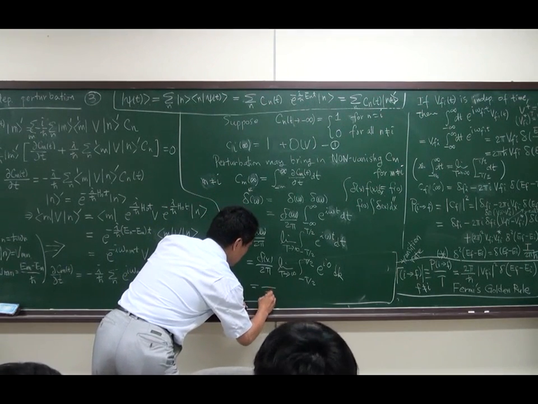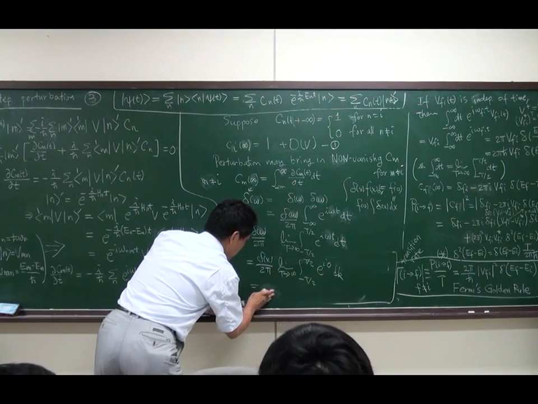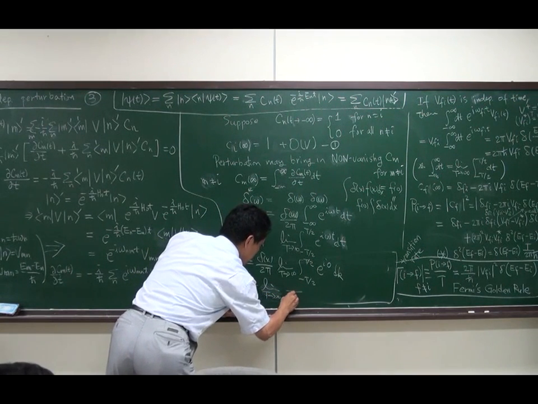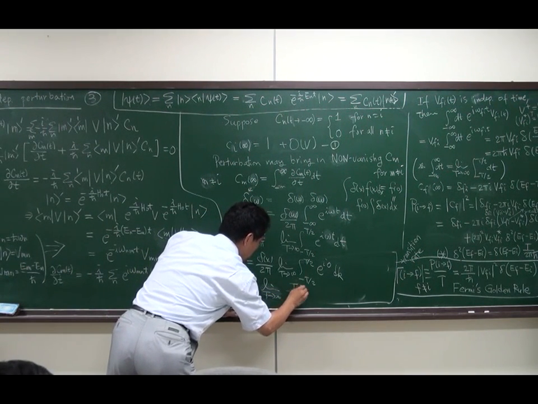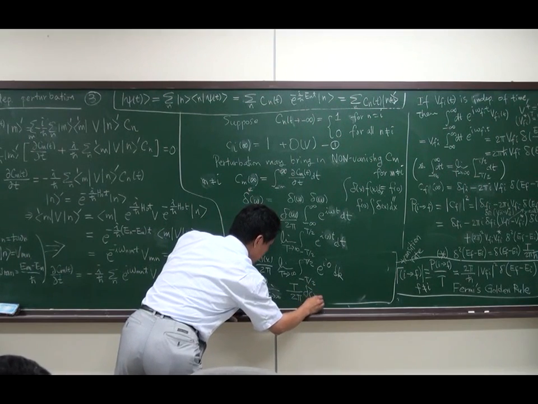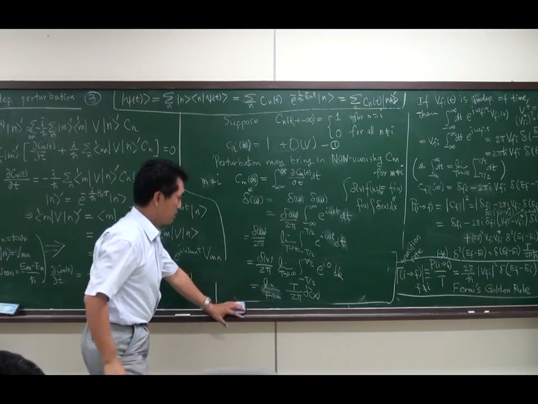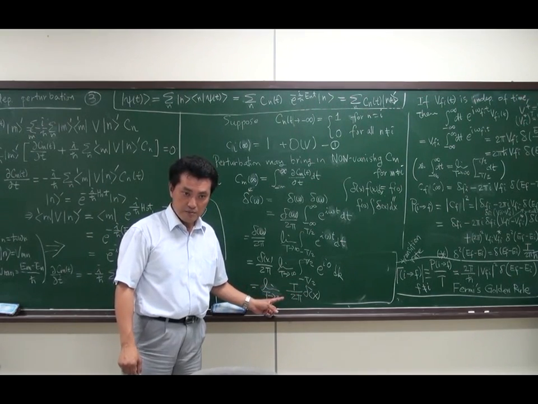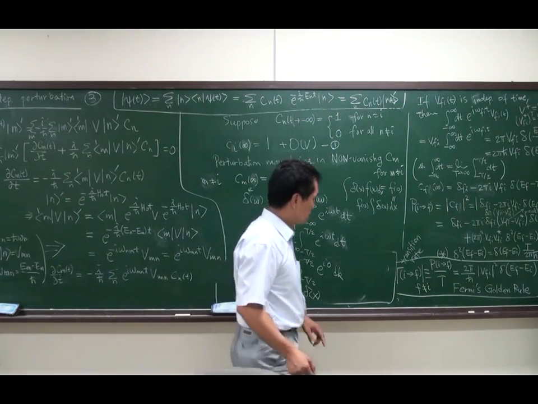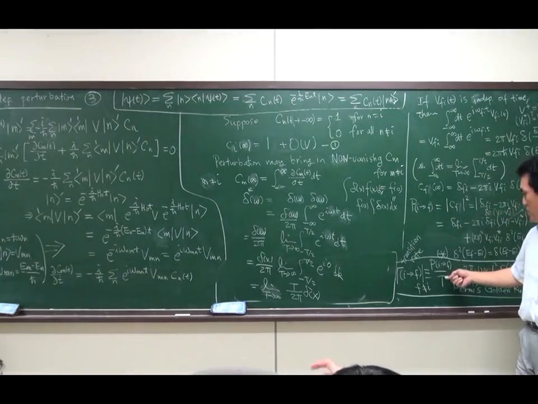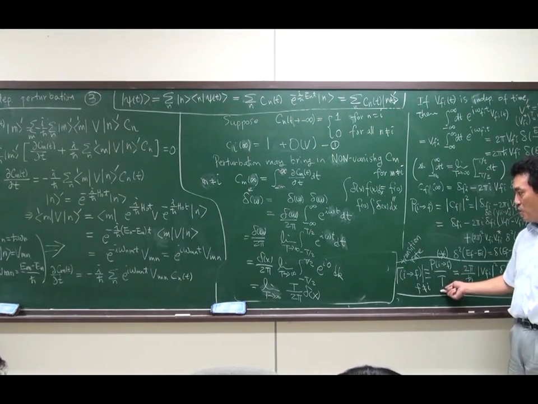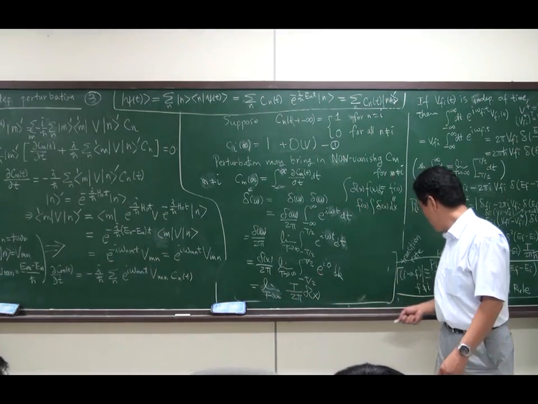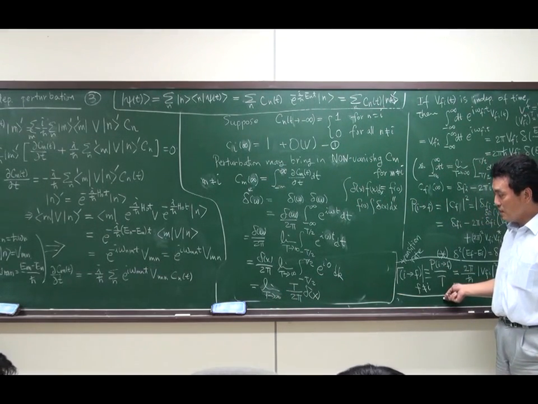So this is 2 pi. I take the limit T goes to infinity: T over 2 pi times delta of x. And actually this guy isn't going to infinity. But what I want to compute is probability divided by time, so I will take the limit T goes to infinity after taking the ratio. Then it doesn't matter.